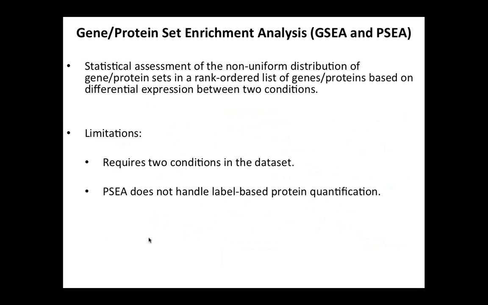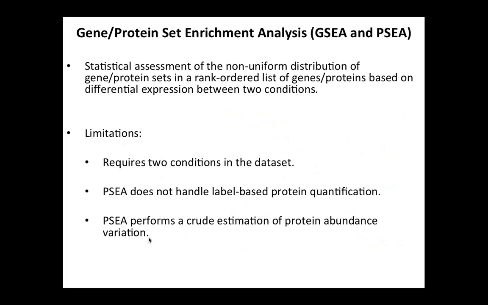The protein version of GSEA, which is called PSEA and was published 5 years ago, had the problem that it does not handle label-based protein quantification, which is extremely popular these days. It also performs a very crude estimation of how protein abundance variation was captured, and proteomics results tend to be extremely variable, so reproducibility is always an issue.